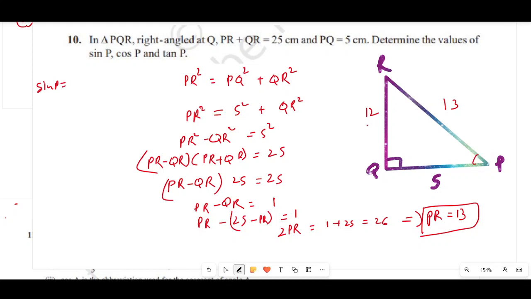If this is perpendicular, this is hypotenuse, so 12 by 13. Now what is the value of cos P? Base by hypotenuse, 5 by 13. Now what is the value of tan P?